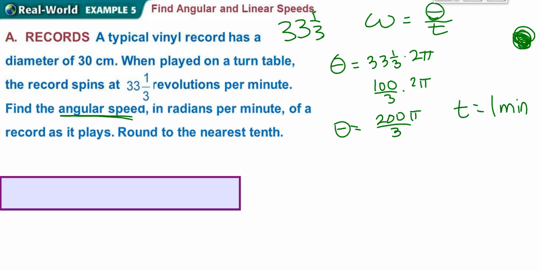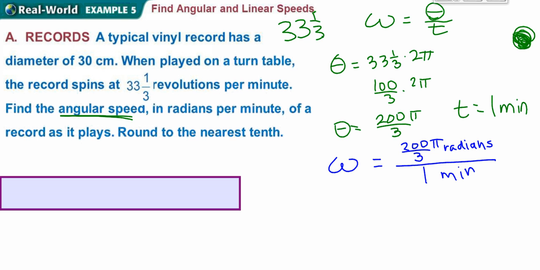So for this one, when we put that in, omega is equal to 200 pi over 3 radians. I'm going to write that just so that we know. Radians divided by our time, 1 minute, so we might say radians per minute.